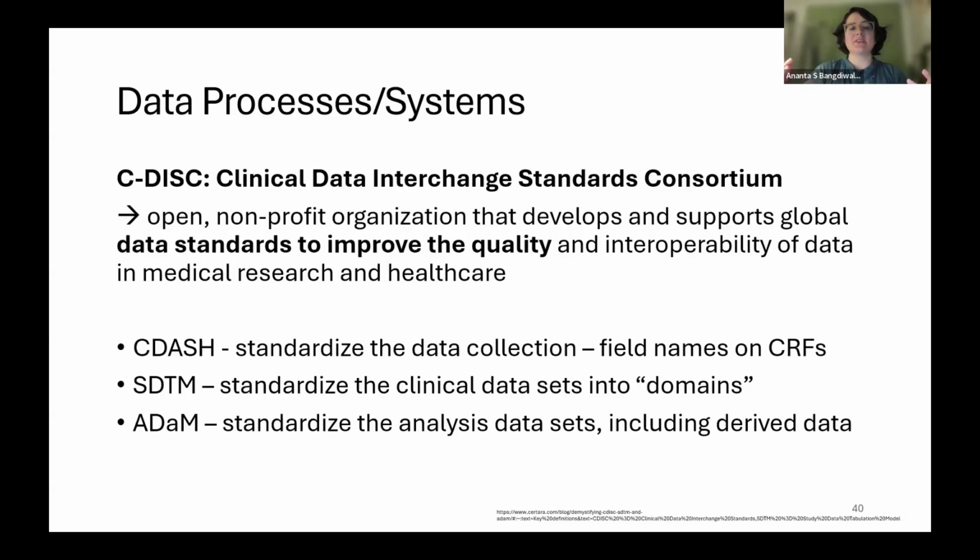So it's a set of standards that tries to help all data collected be in the same format so that it can be easily understood outside of your trial. It can be shared and validated, et cetera. Within CDISC, the Clinical Data Interchange Standards Consortium, you have a number of standards, and three of those are CDASH, which is a set of standards that helps you decide what your field names on your CRF are going to be.